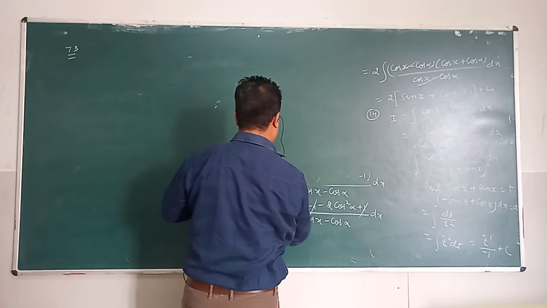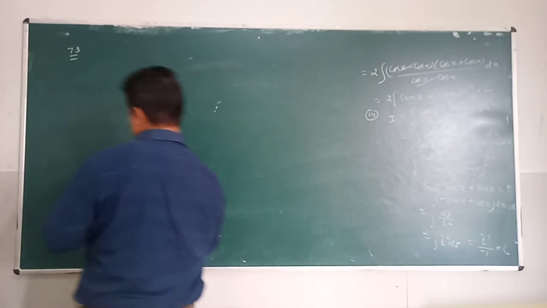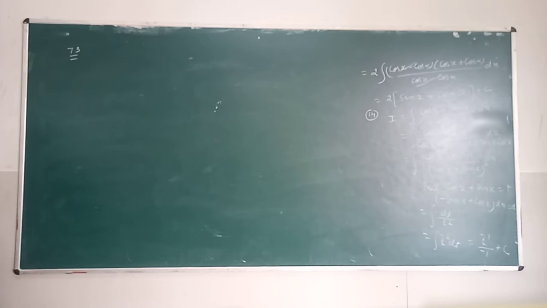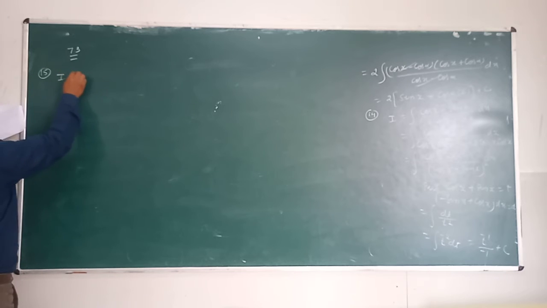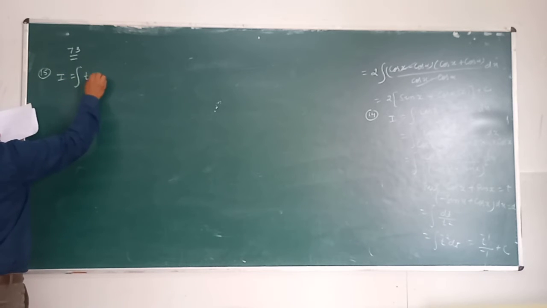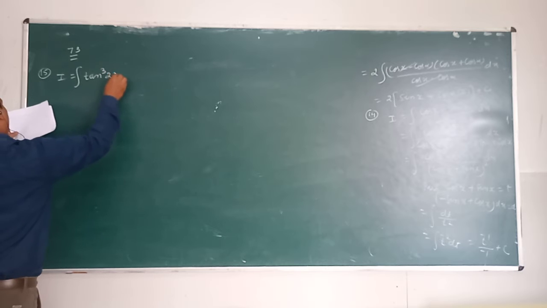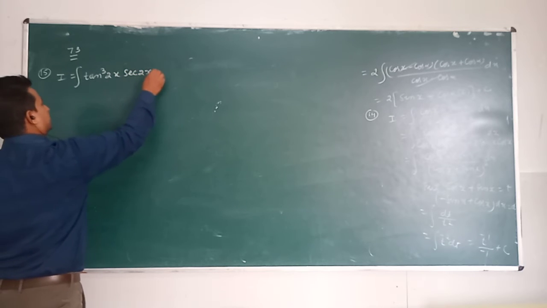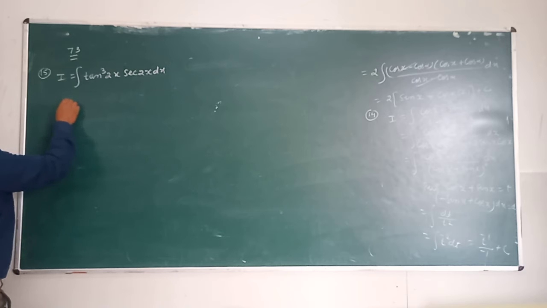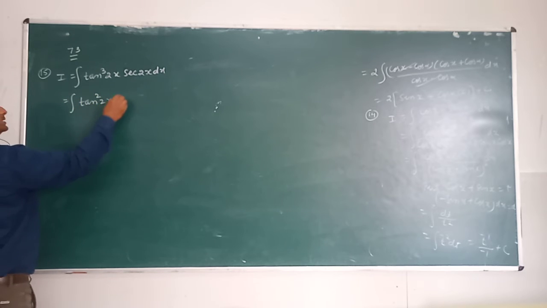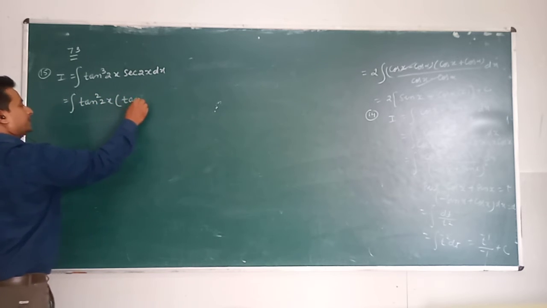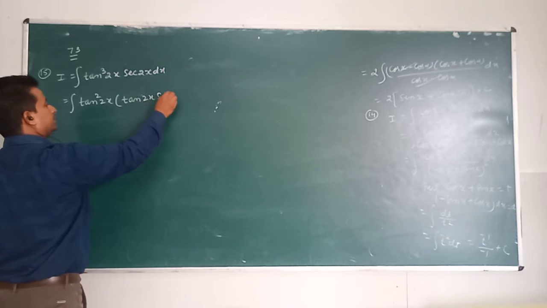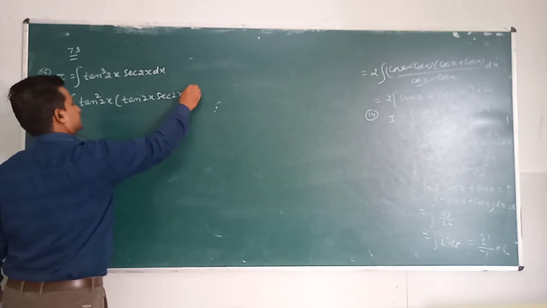In the next question, that's question number 15, the statement is I equals the integral of tan^3 2x into secant 2x dx. Here we write tan^3 as tan^2 2x into tan 2x into secant 2x.